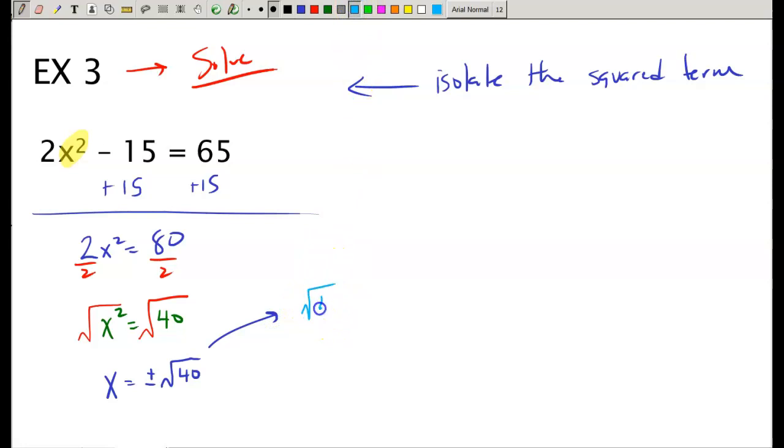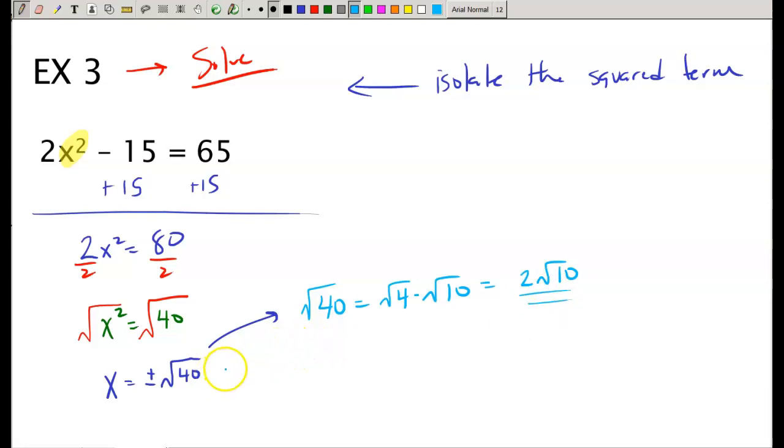So the square root of 40 we would reduce, and we would think about a perfect square in there, and we would say something like, okay, this is going to be root 4 times 10, because 4 is a perfect square, right? So root 40 would become 2 root 10. That's as far as I could go, because the square root of 10, there's no perfect square inside of that.